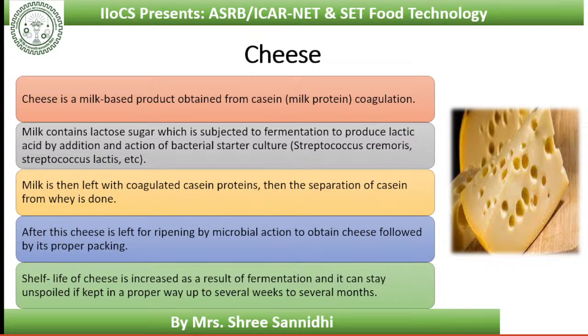Milk contains lactose sugar, which is subjected to fermentation to produce lactic acid by the addition and action of bacterial culture. A variety of bacteria are used for cheese production, and two of the common ones are Streptococcus cremoris and Streptococcus lactis.